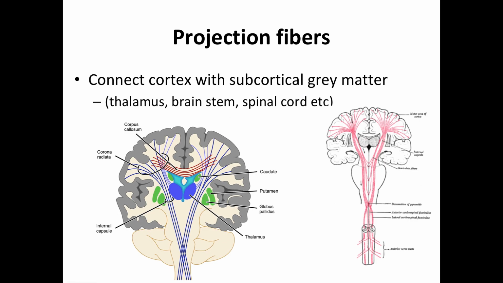And then the projection fibers, we just talked about that. They connect neocortex with subcortical gray matter or brainstem or even spinal cord. For example, a connection of the medial prefrontal cortex and the hippocampus would be a projection fiber. The MPFC, or medial prefrontal cortex, is a gray matter neocortical structure, and the hippocampus is a subcortical structure.